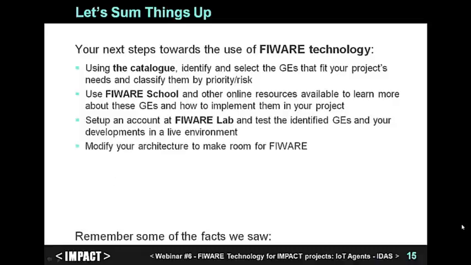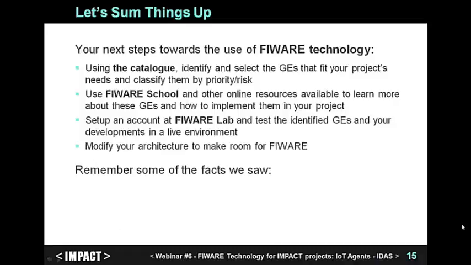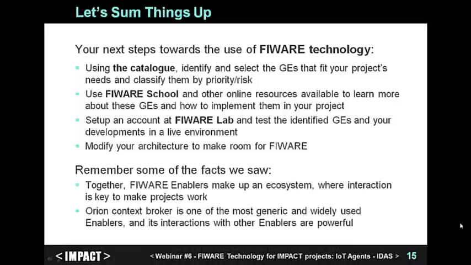Modify your architecture to make room for Fiware using these enablers, and you're ready to go to participate in Impact. Always remember that together, Fiware enablers make up an ecosystem where interaction is key to make projects work. So you really need to use a few of the enablers and put them together so that they work together and add value to the set.